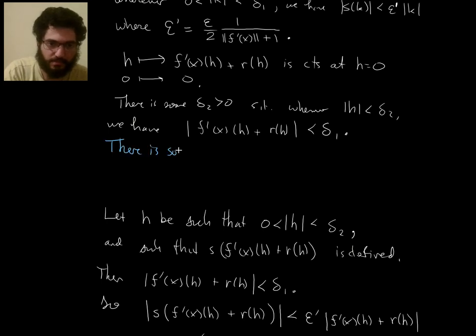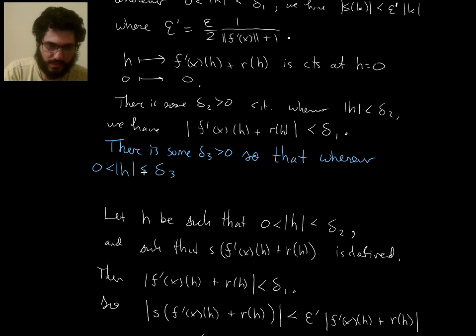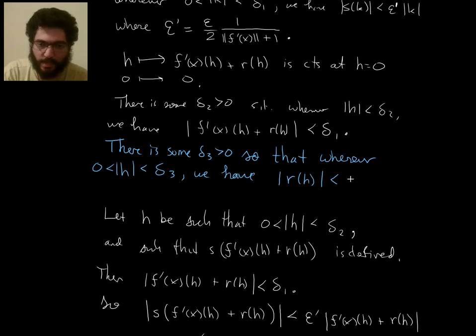There is some delta 3 greater than 0 so that whenever h is less than delta 3 away from 0, we have the norm of R of h is less than, and then I can put any positive number I want times the norm of h.